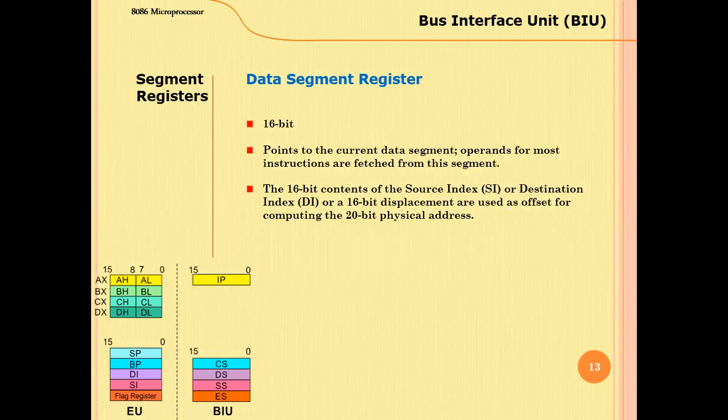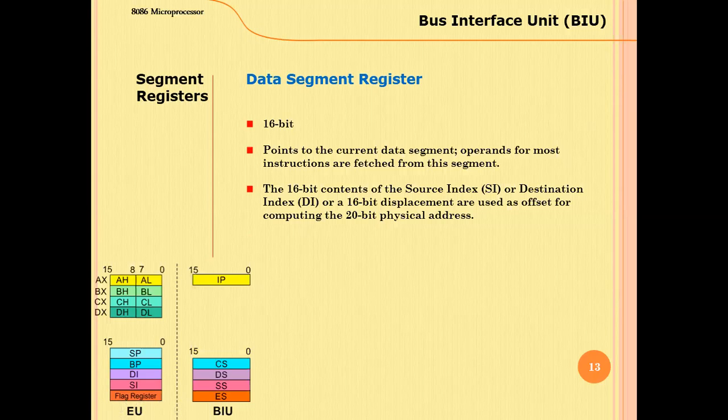And coming to the data segment register, similar to the code segment register, the data segment register DS contains the starting address of the data segment. For data-segment-related data, the offset will be available either from the SI register, the DI register, or from a constant 16-bit displacement.